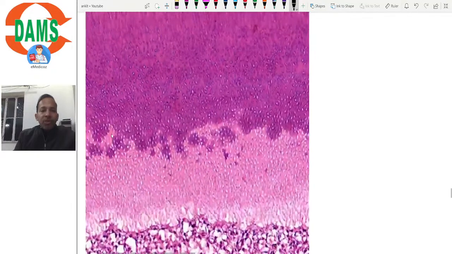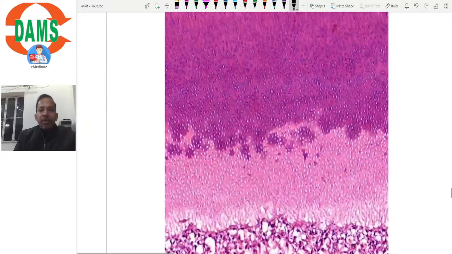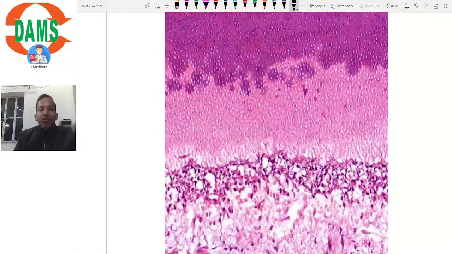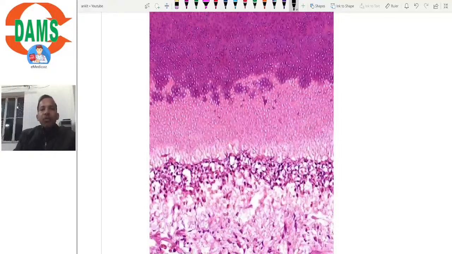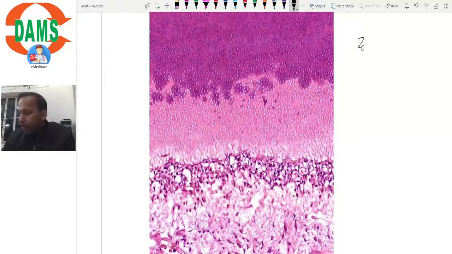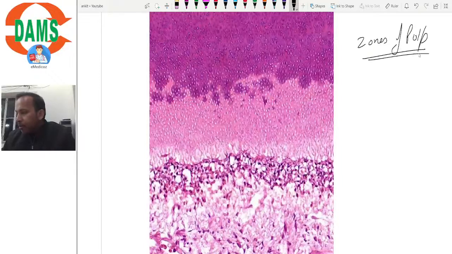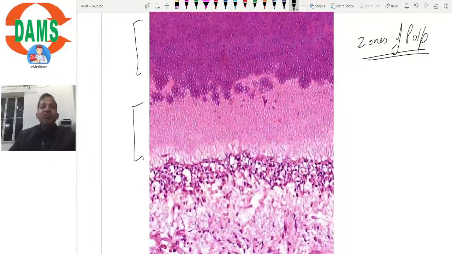So we have another section, and this is the section again of a decalcified tooth, and it will show you different zones of pulp. So here you can identify different zones of pulp. Before we go into the pulp, we have a dark and a lighter section of the dentin. So what is the darker section and what is the lighter section?